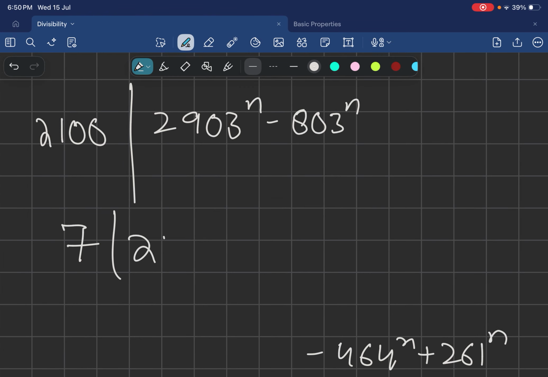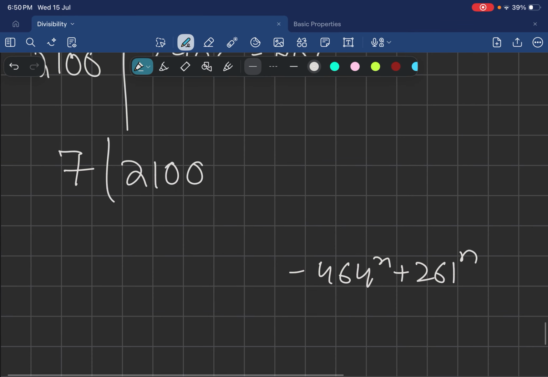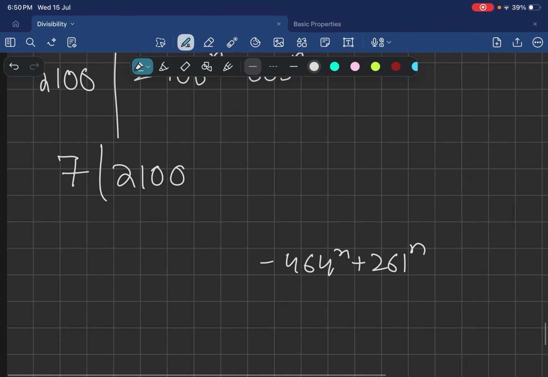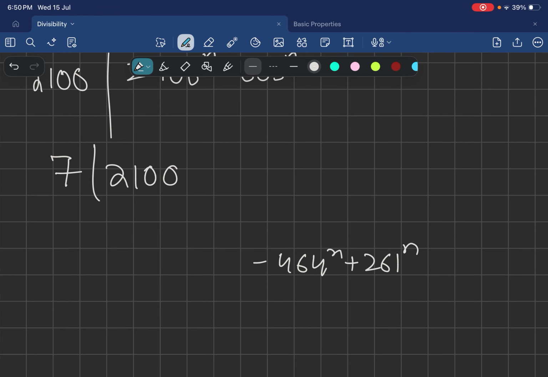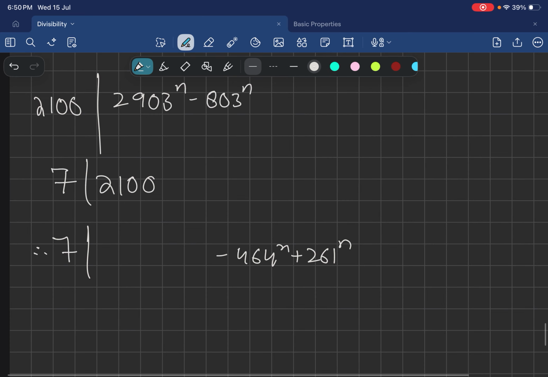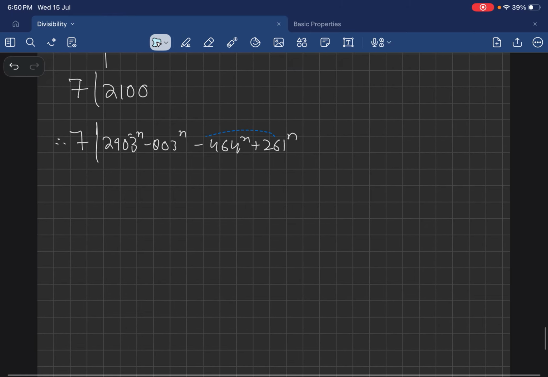But we know that 7 divides 2100. Therefore by the transitive property, if A divides B and B divides C, we can say that 7 divides 2903 to the power n minus 803 to the power n.